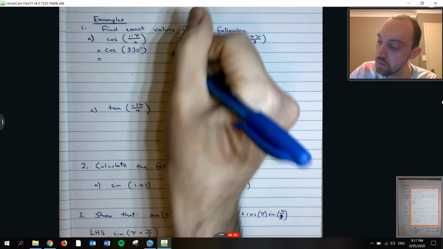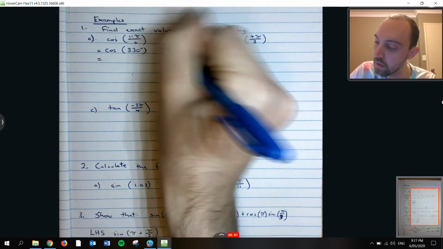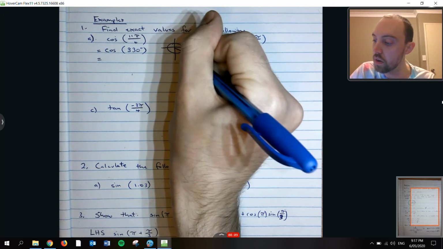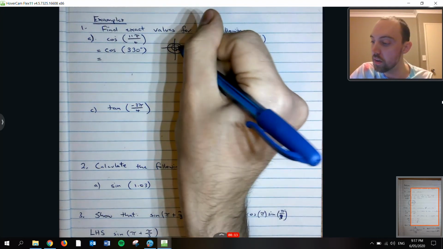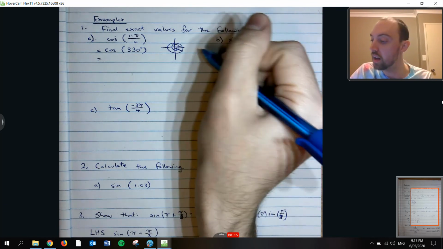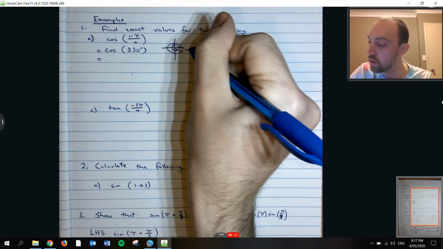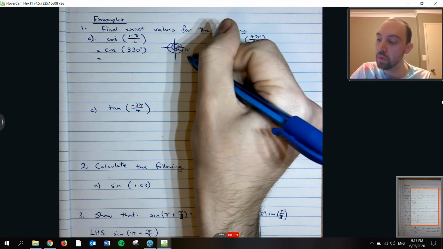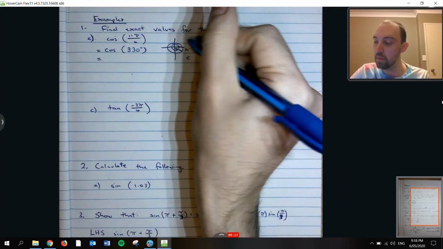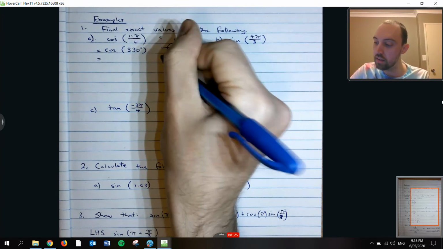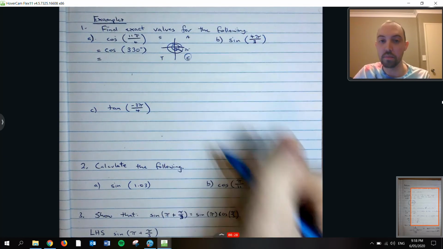Being in the fourth quadrant, okay, 330 degrees all the way around to there. Sorry, that's supposed to start from the x-axis there. But we have a 30-degree angle in there. Fourth quadrant, which is C. Remember that we've got A, S, T. C is the important one for this one.